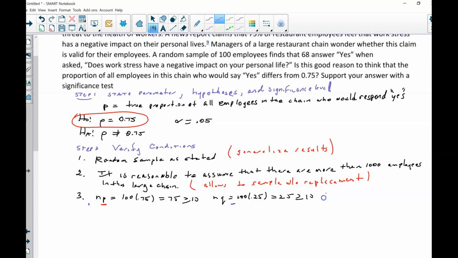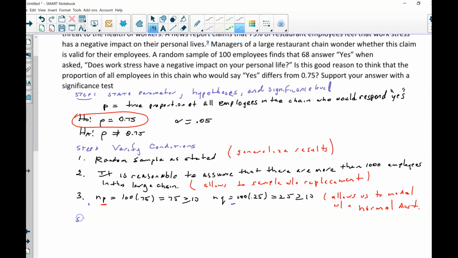The reason for the third condition is it allows us to approximate the sampling distribution with a normal model. That should say normal distribution. Okay.